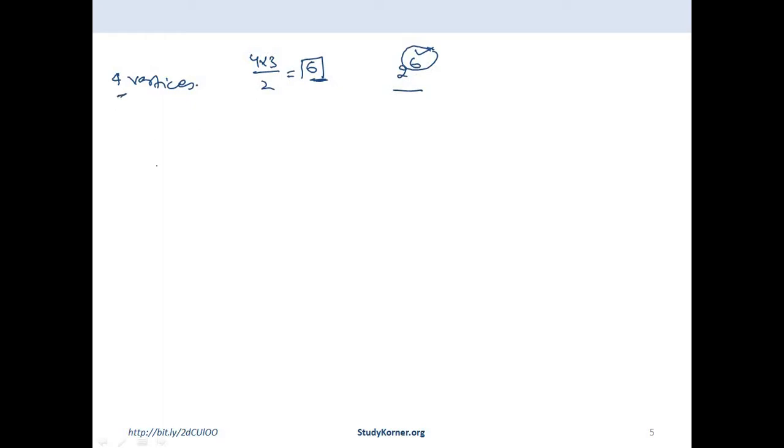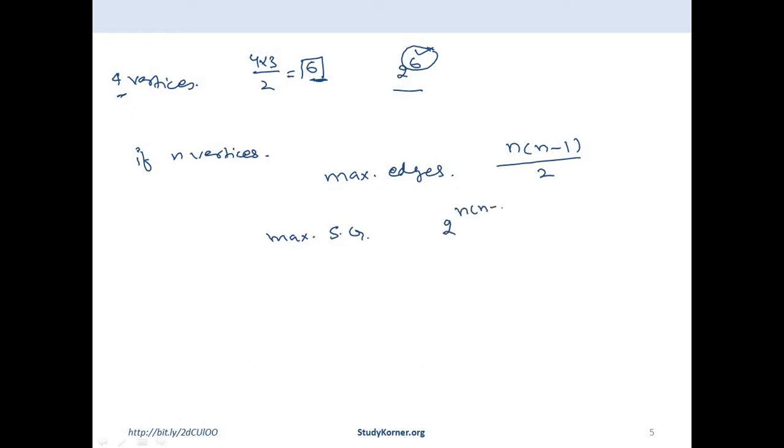So, in a generalized way, if I have n vertices, then the maximum edges that are possible, because the complete graph contains the maximum edges, is n into n minus 1 by 2, and the maximum number of simple graphs that are possible is 2 to the power n into n minus 1 by 2.